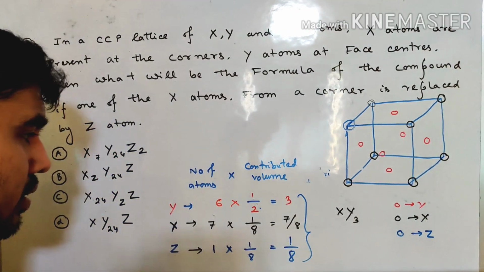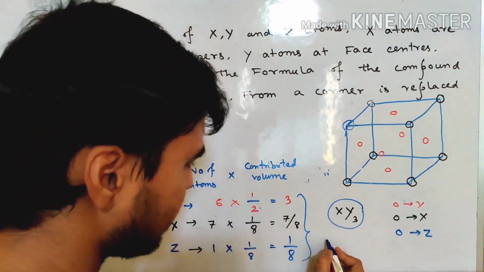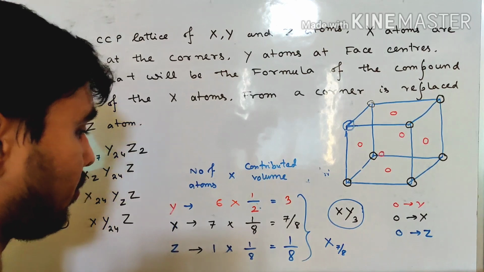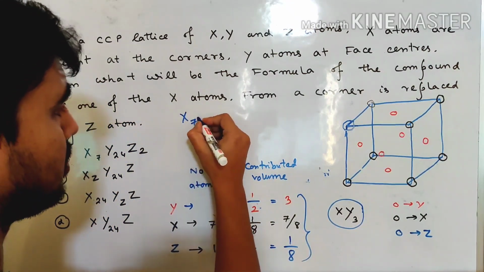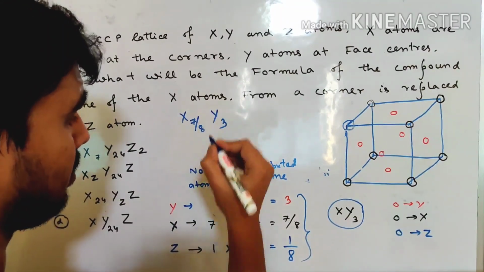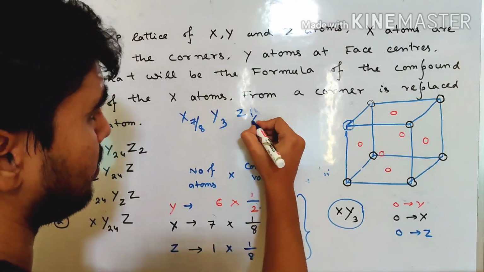Under these circumstances, what should be the formula? This was the old formula. Under the new case, it should be X 7 by 8, Y 3 and Z 1 by 8.